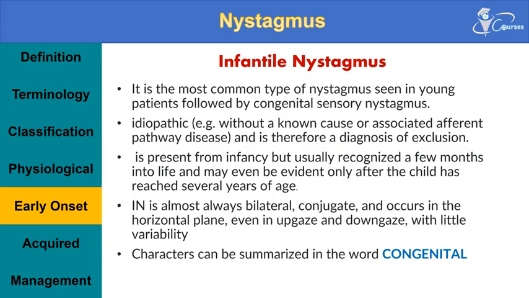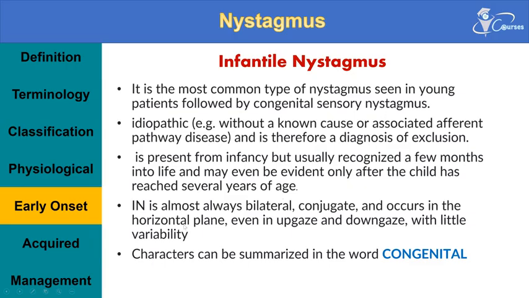Both of them can be very similar in clinical picture. So if you see a child with nystagmus, first of all, exclude the sensory causes. If there are no sensory causes, then by exclusion, it will be idiopathic infantile nystagmus. It is present from infancy, but can be recognized a few months later and may be evident only after the child has reached several years of age.